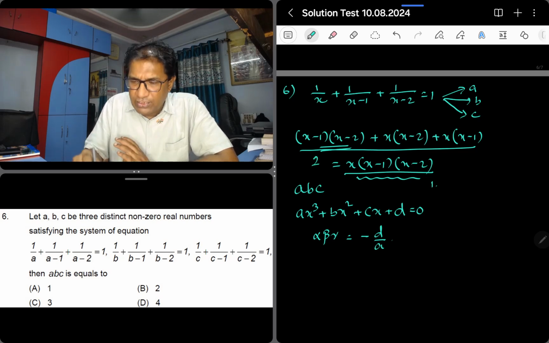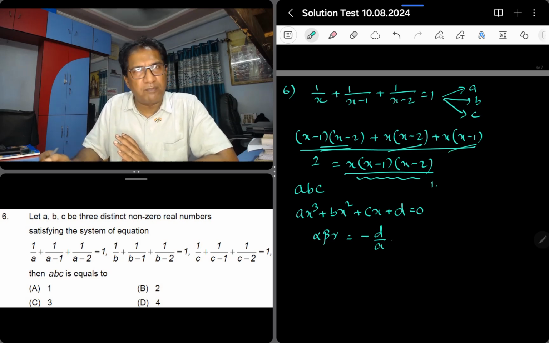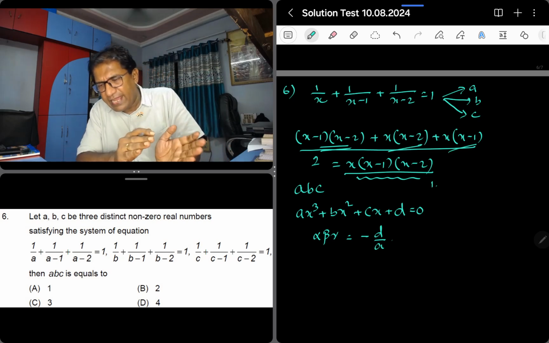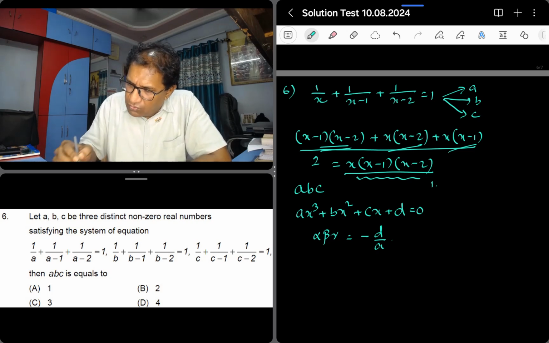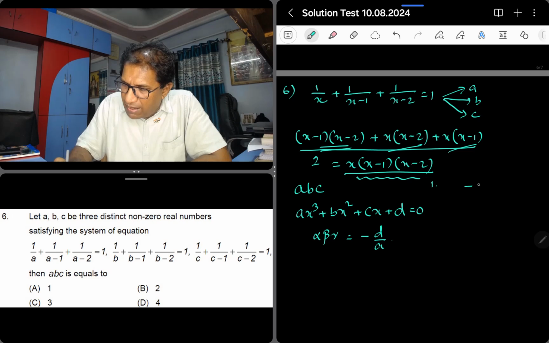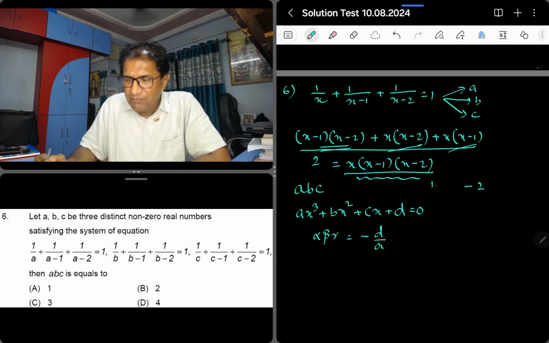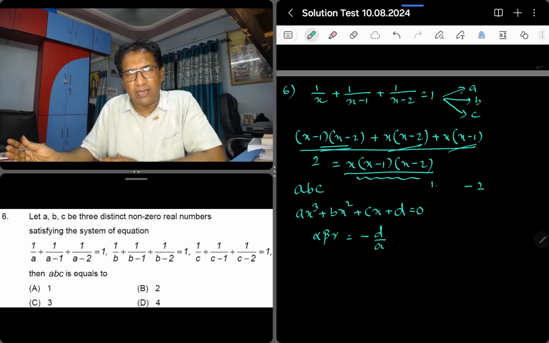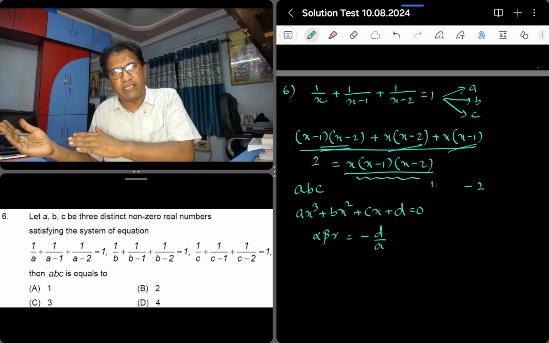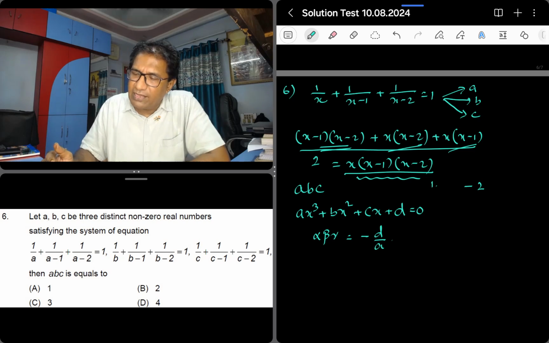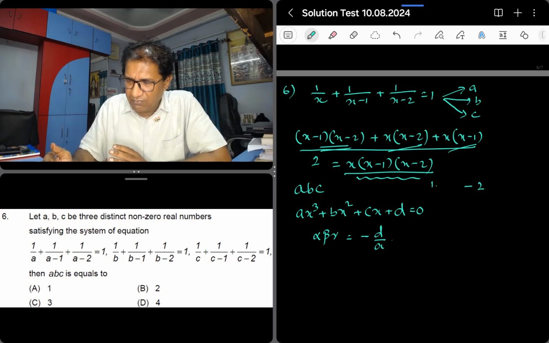Isn't it so? It's 2 because the constant will come from here. No constant will come from here or from here. So when we take everything to the right hand side, you are going to have that constant term as minus of 2. Right? When I have shifted everything to the right hand side, you are getting the constant term as minus 2.